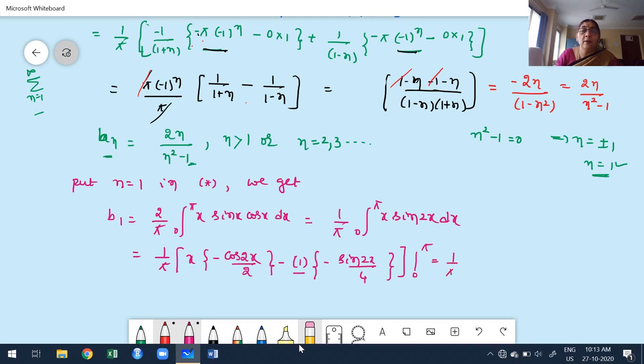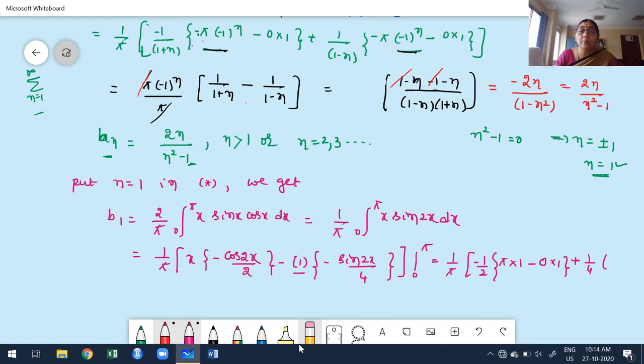While applying the upper and lower limits, we get minus half. Apply the upper limit, which is pi: cos 2 pi is 1. Minus x is 0, so 0 into cos 0 is 1. Next, minus into minus is plus. In the sine function, sin 2 pi and sin 0 are both 0.